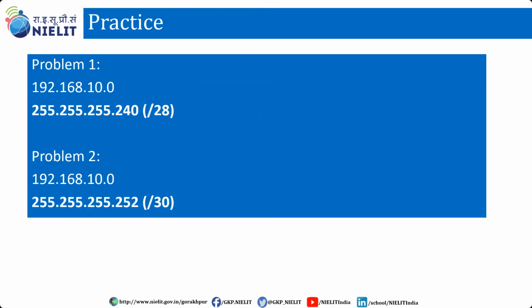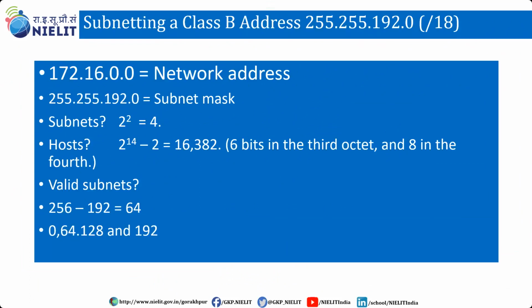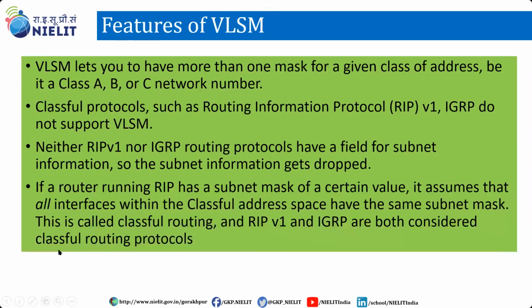Only classless routing protocols can provide you the VLSM feature. So if a router running RIP has a subnet mask of a certain value like /27 or /30, it will assume that the same subnet mask is being used in all networks.